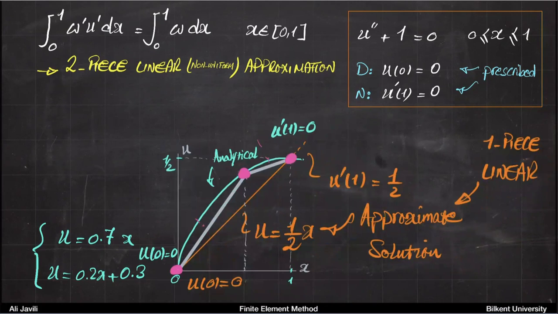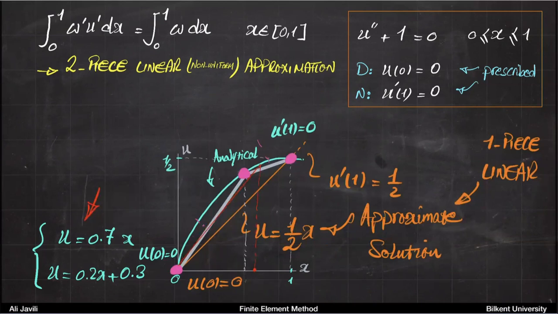If we assume this one is, let me use a different color, maybe red. If this is now a red function, this point that we looked at would be 0.6. And then the red function is going to look like this.